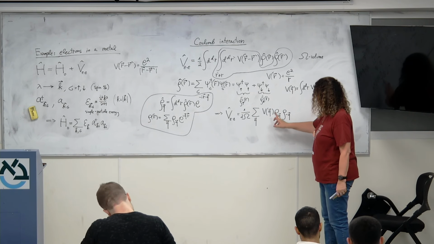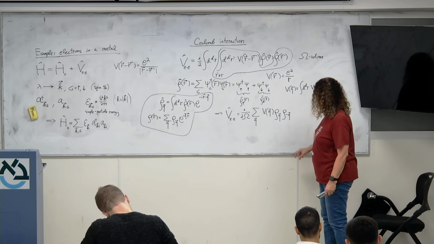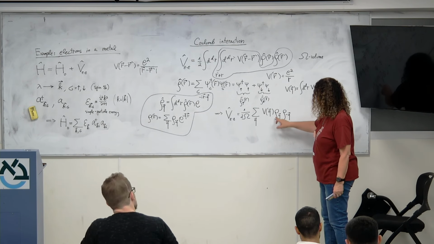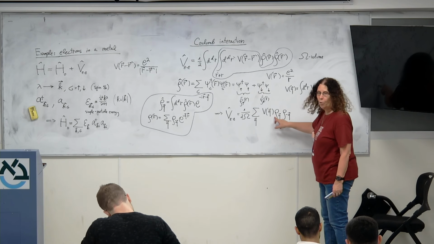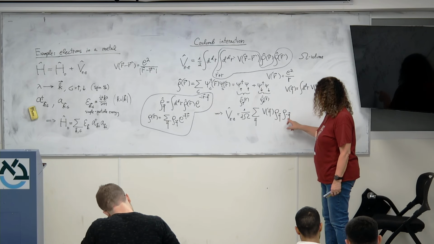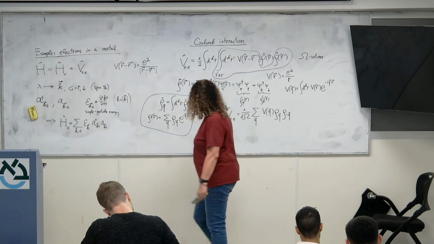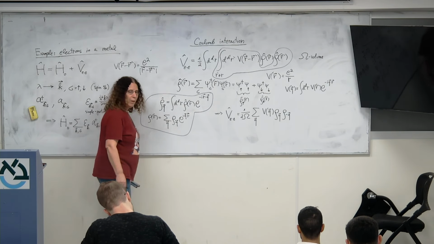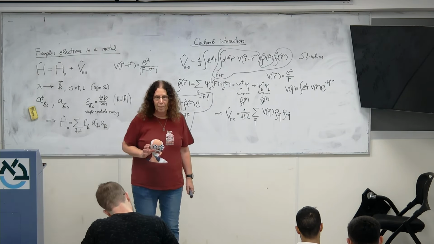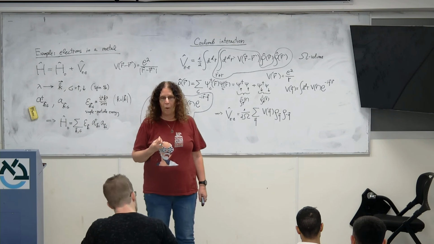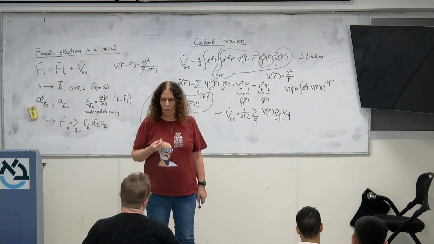Now I want to stress. Notice that here I have a product of rho of Q and rho of minus Q. What is the relation between them? Remember that rho of R is the density operator. It's a Hermitian operator, right?